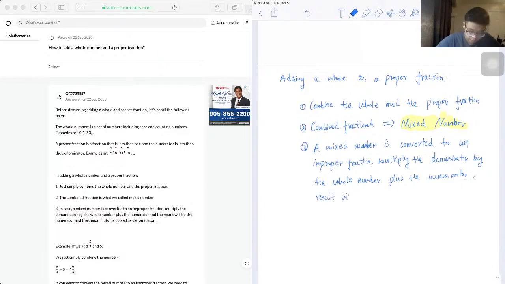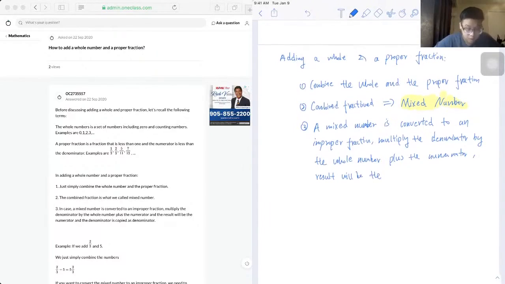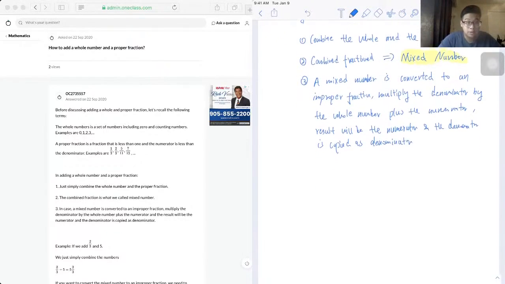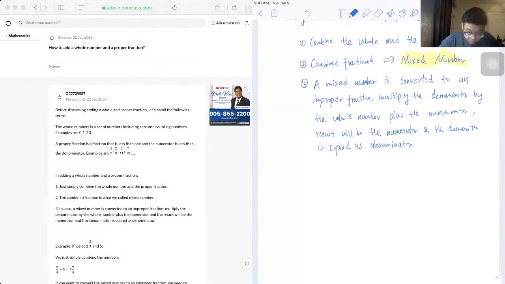The result will be the numerator, and the denominator is copied as the denominator. Right. So I'll use an example to explain.